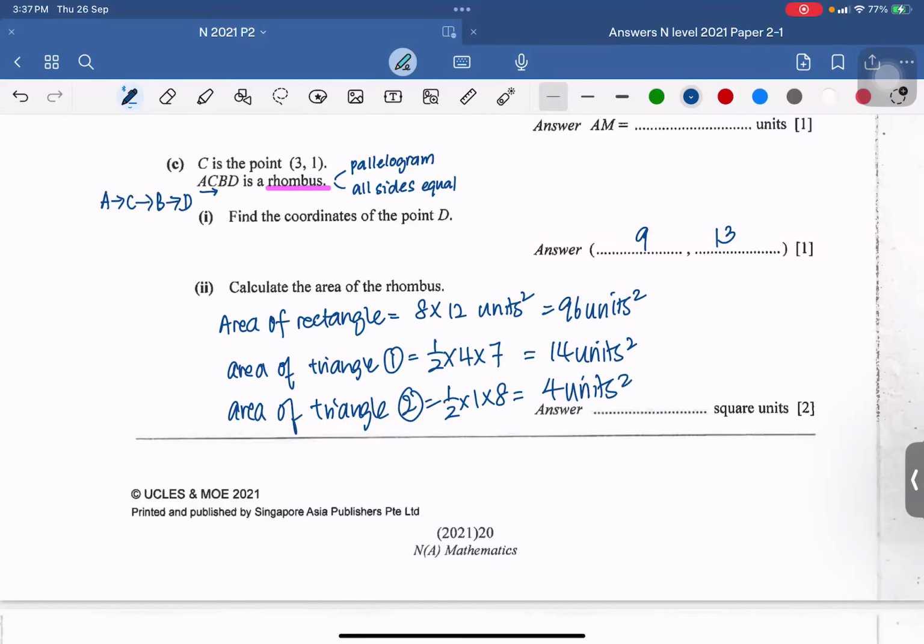Then I take the area of the rhombus, 96, minus 14 twice, minus 4 twice. Then I get my answer: 96 minus 14 minus 14 and so on. I got the answer 60 units square.